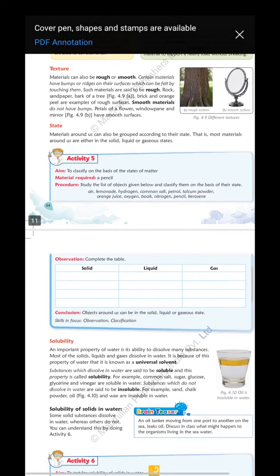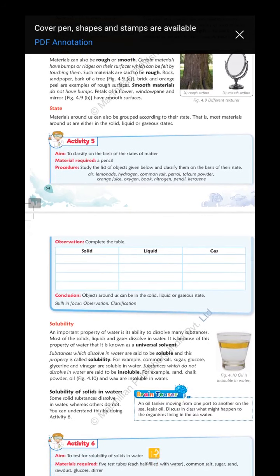And the materials around us can also be grouped according to their state: solid, liquid, gas. In that manner also we can separate them. They have given some examples above. Air, gas. Lemonade, liquid. Hydrogen, gas.